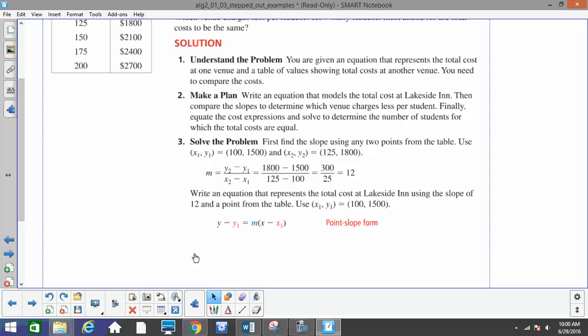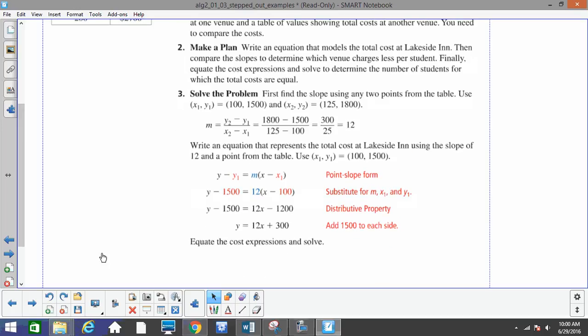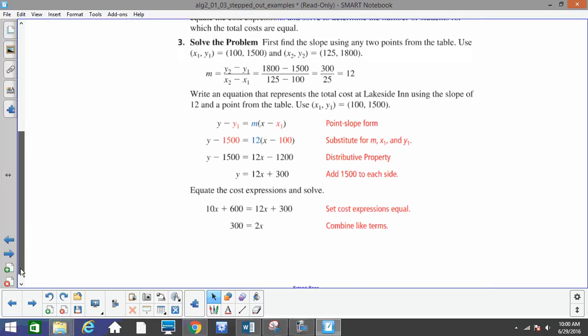Point slope is probably going to be the one that's going to be easiest because you know a point and a slope. Substitute in what you know. Simplify. You get 12x plus 300. So we want to find the cost expressions there.